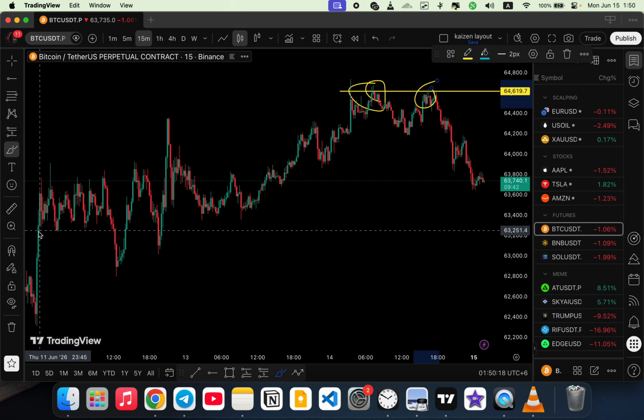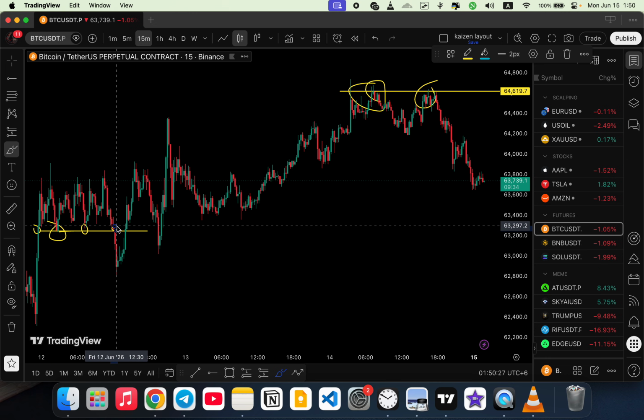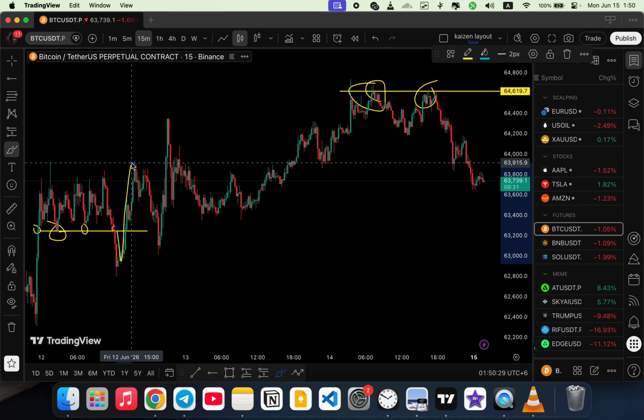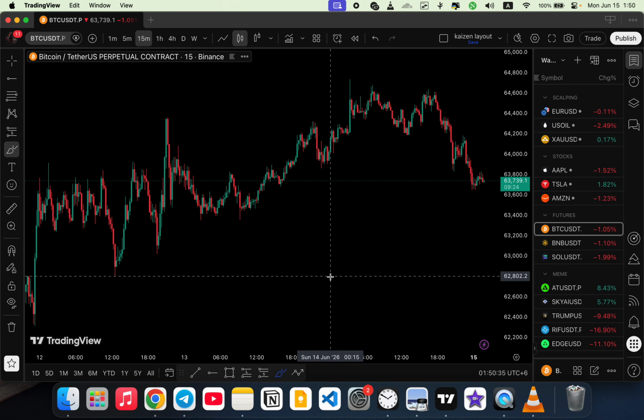Here is another support, because there is one touch, two touches, a third touch and a fourth touch, and finally the support is broken and broken again.